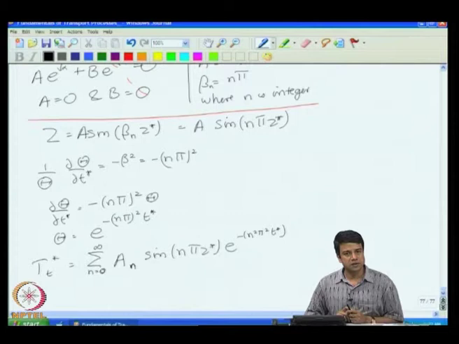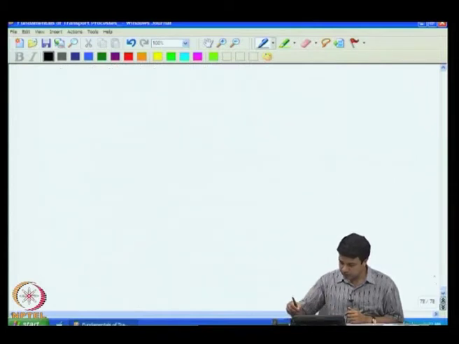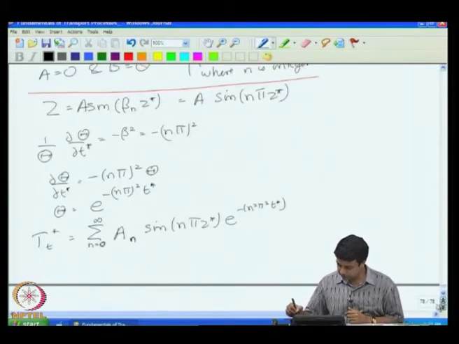These coefficients can be determined using something called orthogonality conditions.